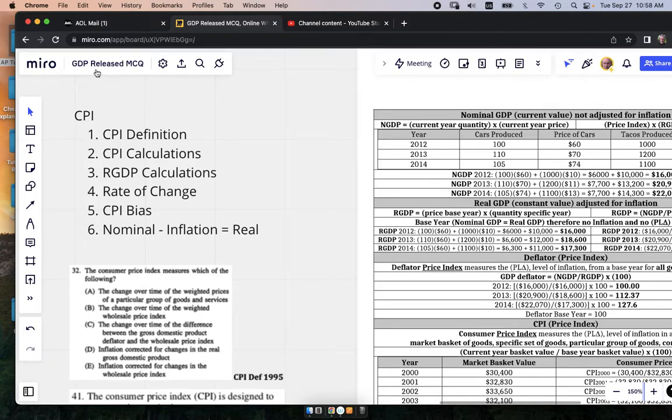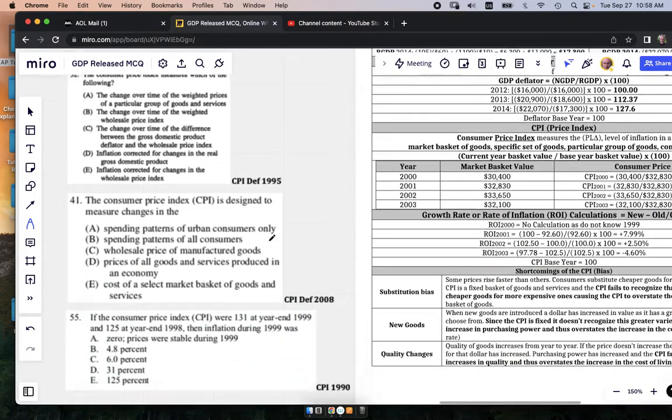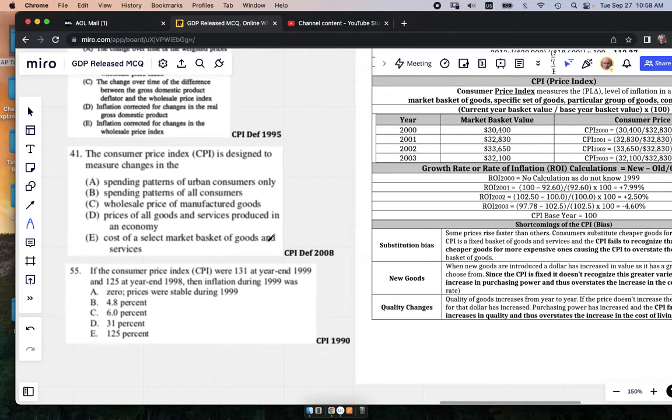The sad thing about CPI, at least for us, is there are not a lot of released CPI questions, but it is tested very heavily. That's what's a bit surprising about the released exams.